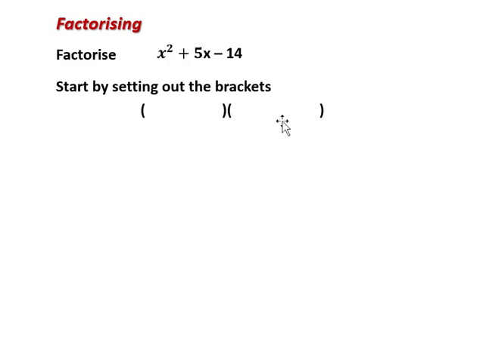And when we multiply these two together, we'll get x squared plus 5x minus 14. So we start by just writing down what we know. We know that x times x is x squared. So we'll put an x here and an x here. x times x is x squared. So we've got the first one.